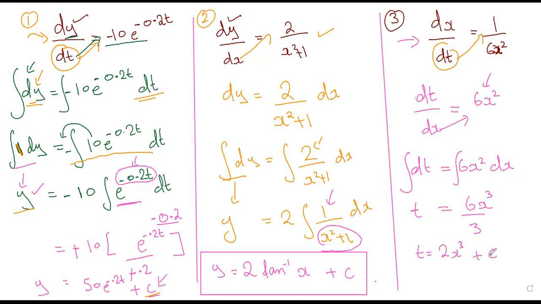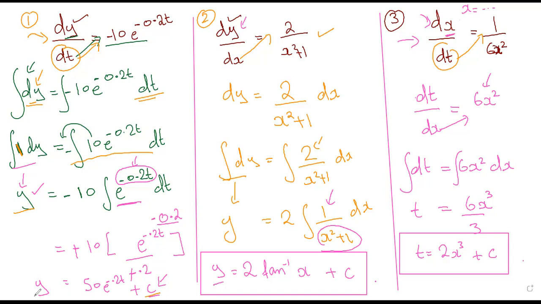right? But in the very beginning, I told you that whenever you are asked to solve a differential equation of this type, you will get x equals something, this function equals something. When we had this, we got y equals something, and again when we had this, we got y equals something.